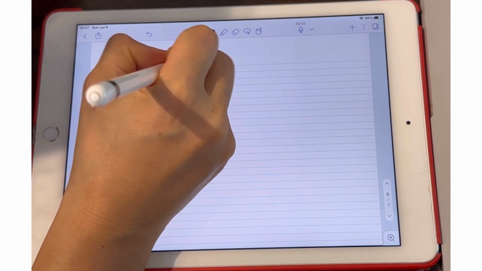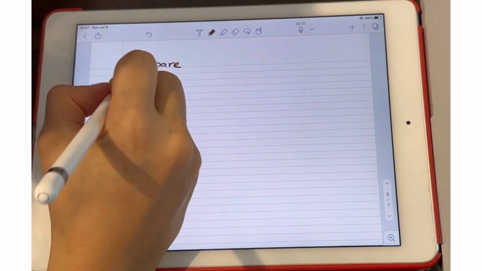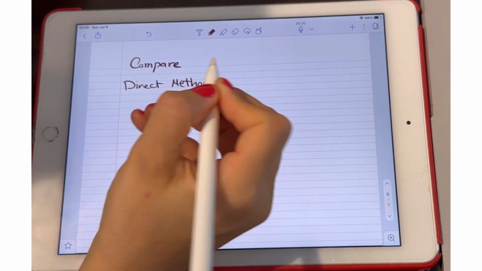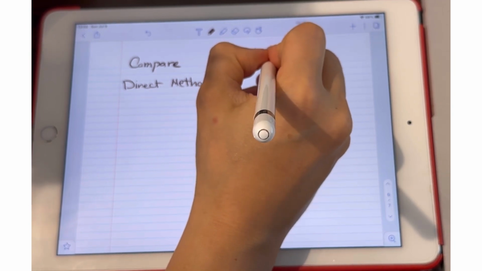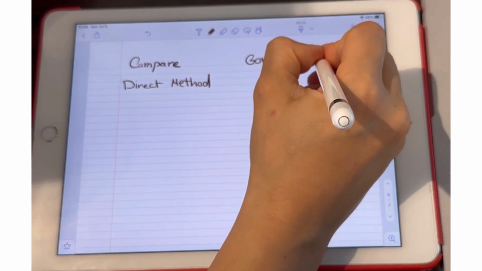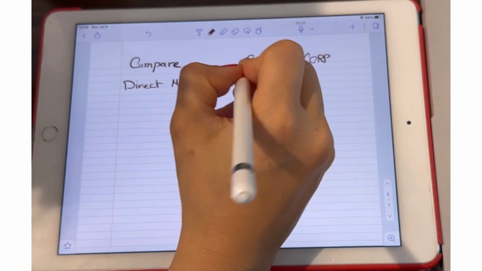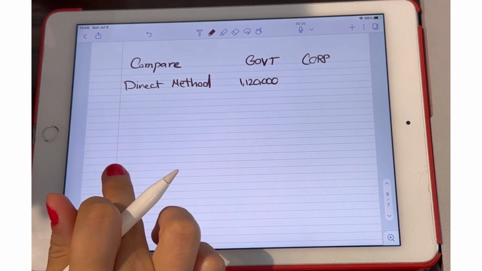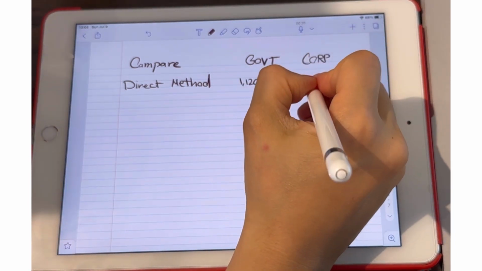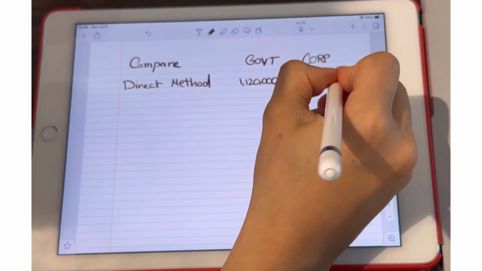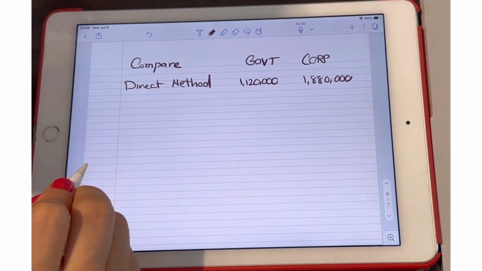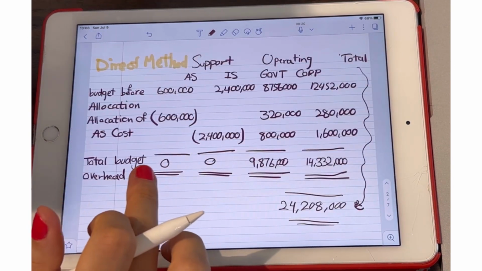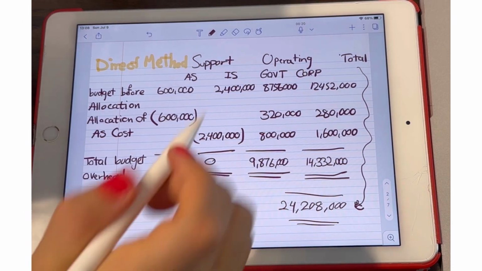So for the second requirement, it asks to compare all these three methods together. So under the direct method, we have $1,120,000, and for corporation, $1,880,000, which comes from the first page.